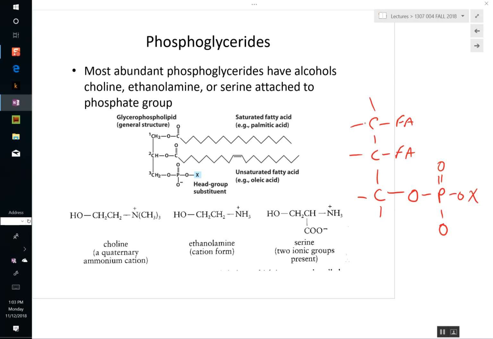Define X, and you've defined a certain phosphoglyceride. If X is this molecule right here, choline, you've got 2 carbons, and then you have a quaternary ammonium cation, a nitrogen with 3 methyl groups on it. Those are naturally occurring molecules in nature, and that would be an X.